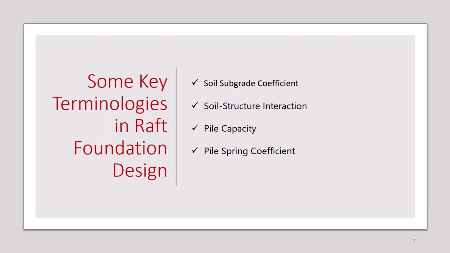So, what is soil subgrade coefficient? It could be called modulus or coefficient of subgrade reaction, which is defined as a pressure per unit deformation of the subgrade at specific pressures or deformation. You express it as a pressure over the expected settlement.